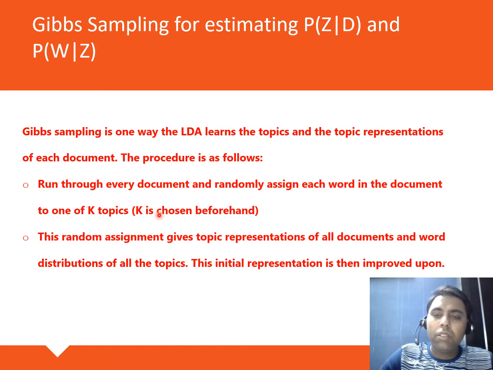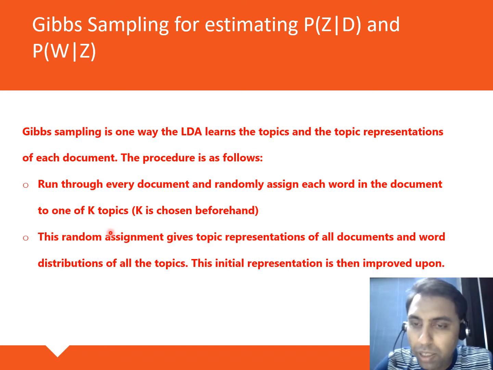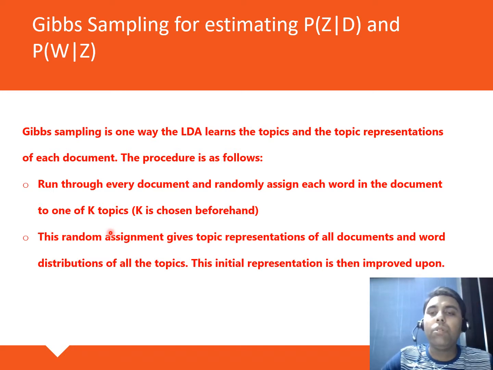So let's say K equals 5. Then for the first document, the algorithm will randomly assign each of the words in the first document to one of the 5 topics, and using this random allocation the matrix factorization happens.